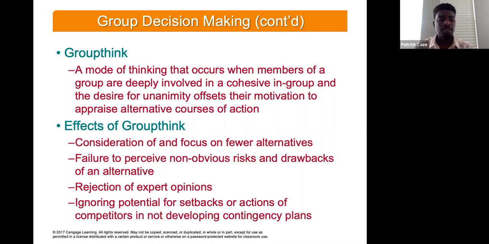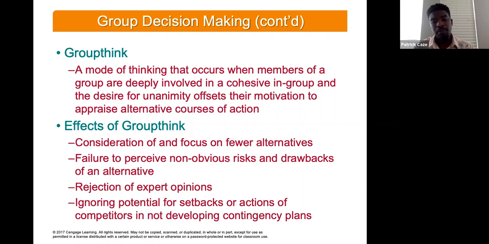Even though they may know that the decision is wrong and is going to lead to failure, the pressure of being inclusive, of feeling part of the team, is so much that you decide you're going to just roll with the poor decision that was made.